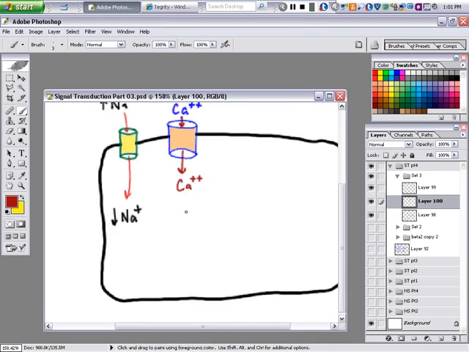Now that it's in the cell, this calcium, well, I'll tell you the name of it in just a second. It's a special kind of calcium. There is a structure here inside the cell that has lots of calcium in it. It's just a calcium reservoir.